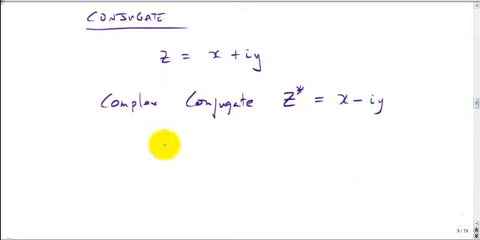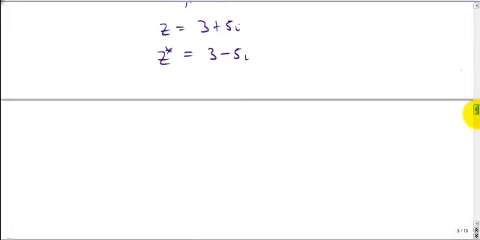Let's give an example, say z is equal to 3 plus 5i. Then the complex conjugate, again how we notate that, z superscript asterisk, is equal to 3 minus 5i. So that should be fairly clear.